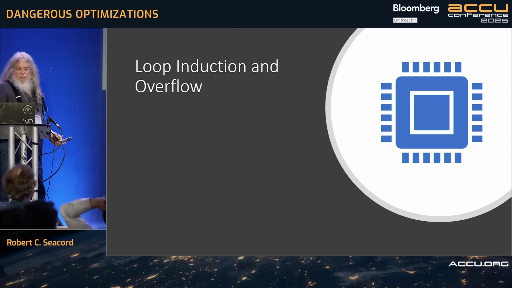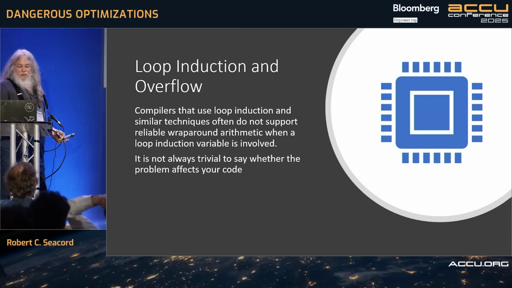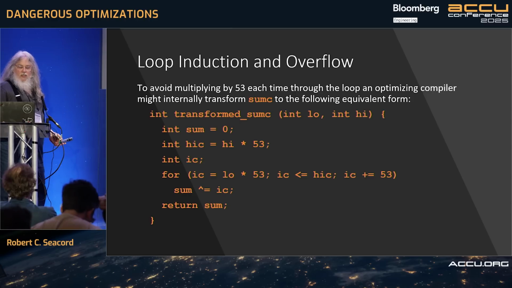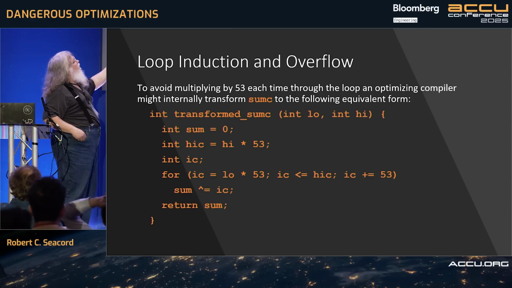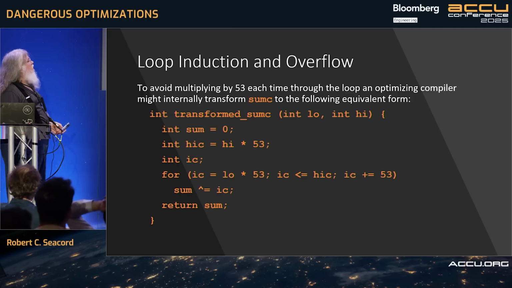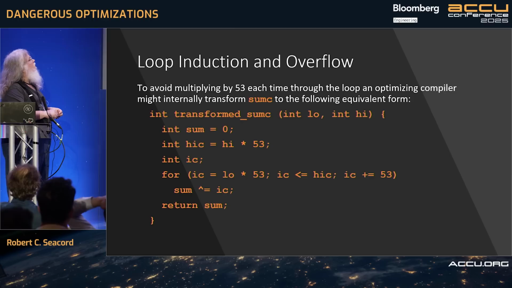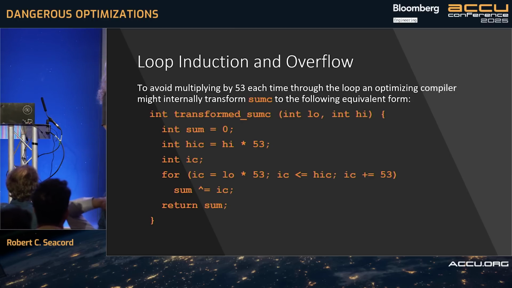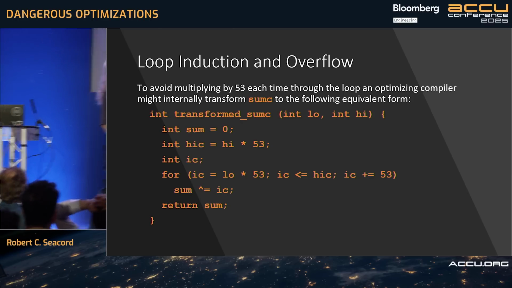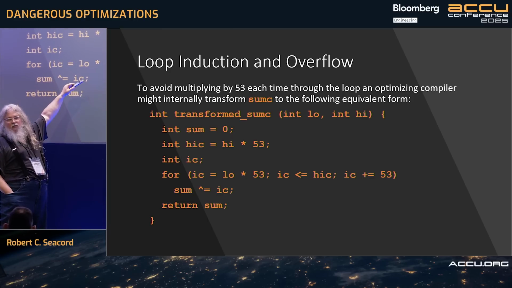Now, the problem with this change is it doesn't actually give you the same behavior. There's the possibility that the high that's passed in has a value such that multiplying by 53 immediately causes overflow.